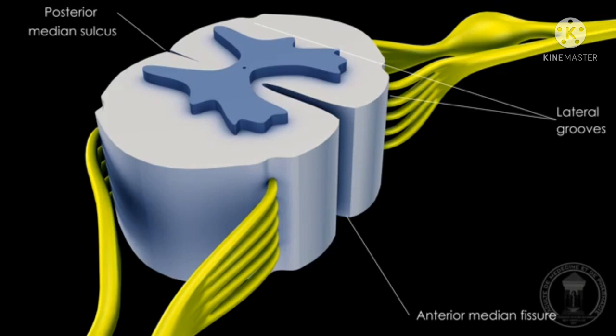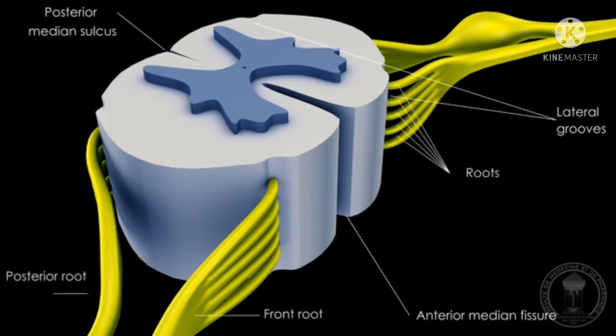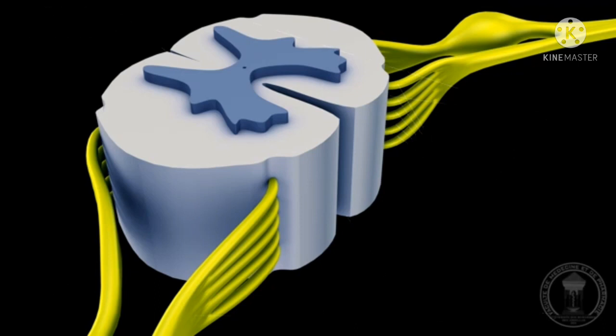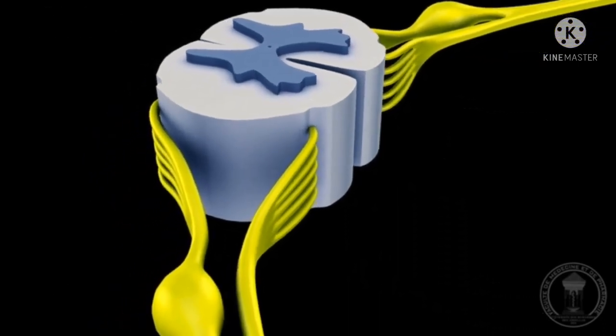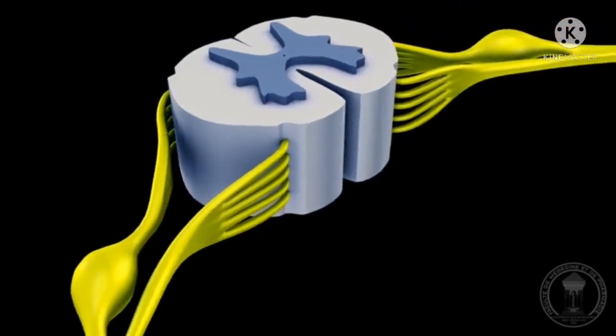A bundle of fibers entering the posterior horn is called the afferent root. Afferent means from outside to inside. The fibers passing outward from the anterior horn form the efferent root.